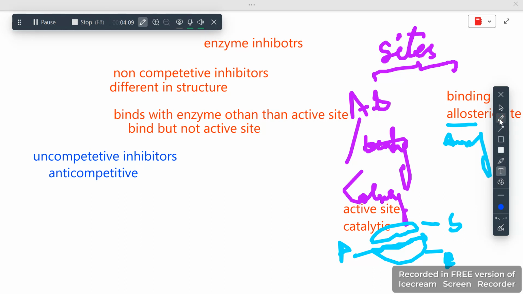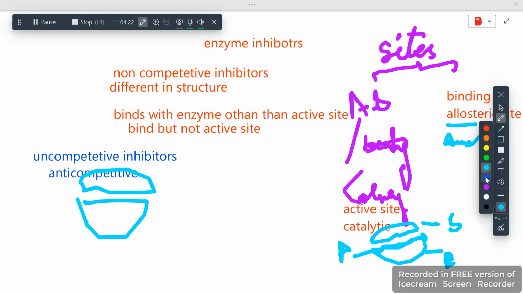Okay, so if we have the downward part as the enzyme, and here we have the substrate, the middle part is the active site where any other substrate would be attached. This means they are not fighting for the active site, they don't have any competition, but they will simply attach on the middle part.